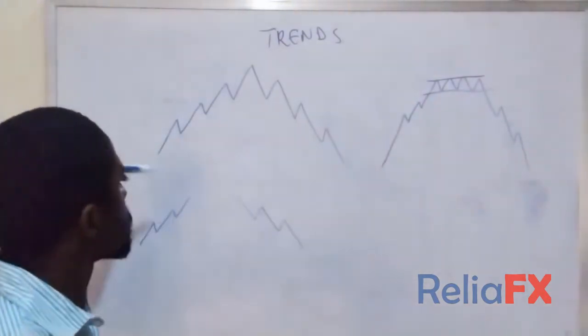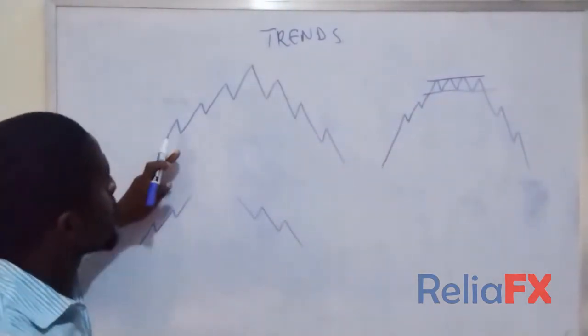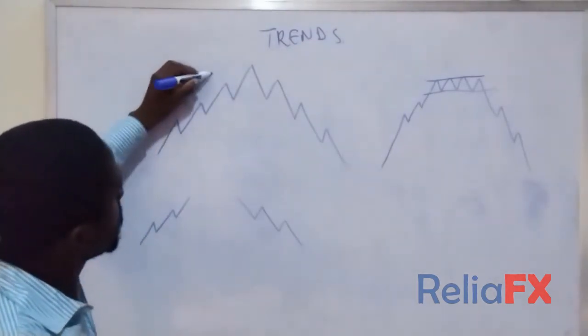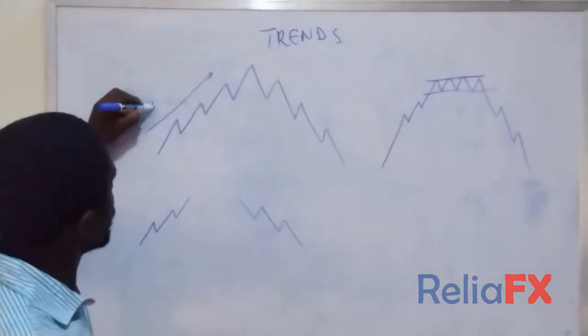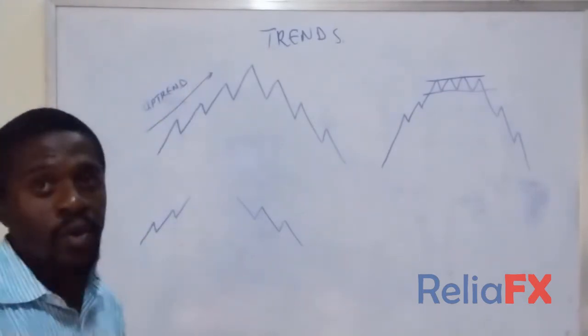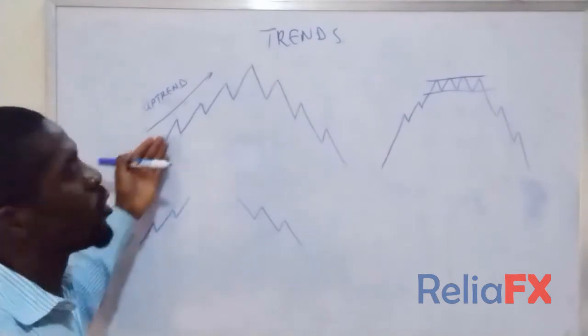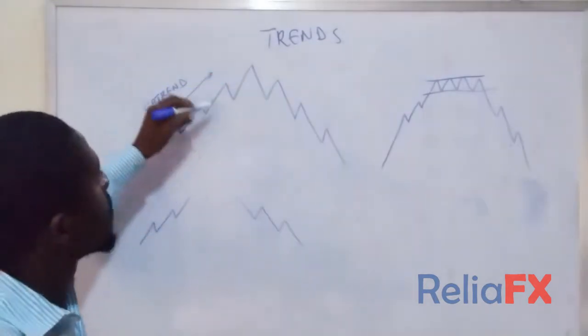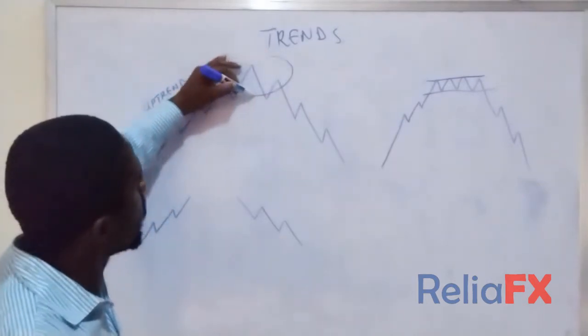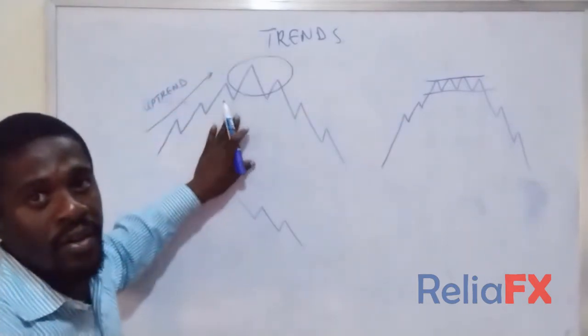So let me break this down. This side where the market is moving higher, we call it the uptrend. Okay, this is the uptrend. All right, and what do you do in an uptrend? You buy, right? Now when the market got to this point, we don't have an uptrend here, right?